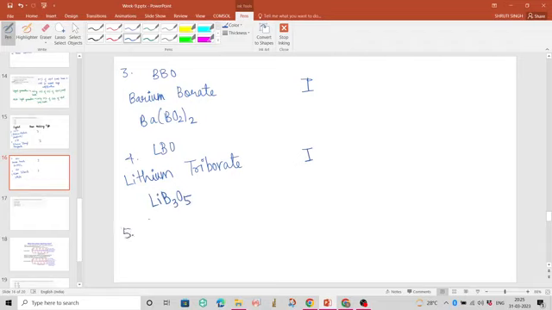Fifth one is lithium niobate, and it has 5% MgO.